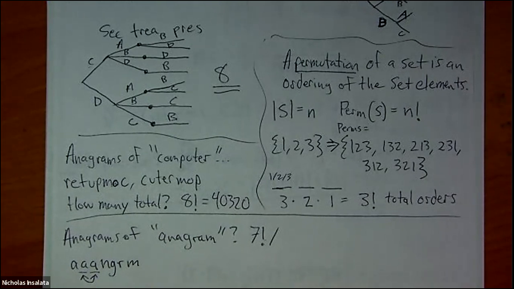No matter what order I put these A's down, they're all the same. So those won't be distinct anagrams. They'll all be the same word. So I do want to divide by something. What am I going to divide by? Not 7, but you're close.